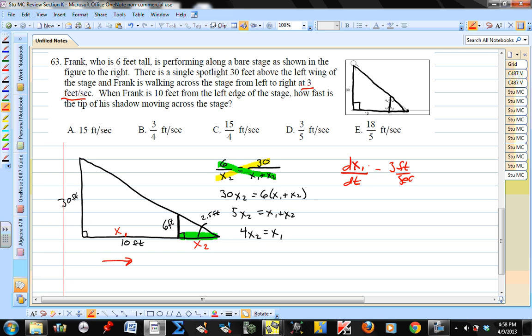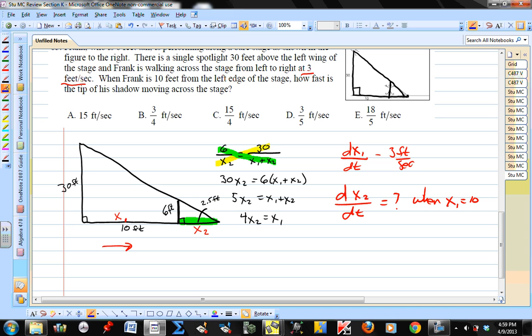Okay. And we want to know how fast the shadow is moving. So we want to know what dx sub 2 dt is when x sub 1 equals 10. Well, we can do this. Take the equation we have right here and find its derivative. The derivative of 4x sub 2 is 4 dx sub 2 dt. The derivative of x sub 1 is dx sub 1 dt. Okay.